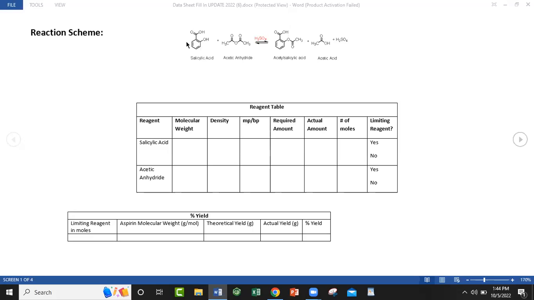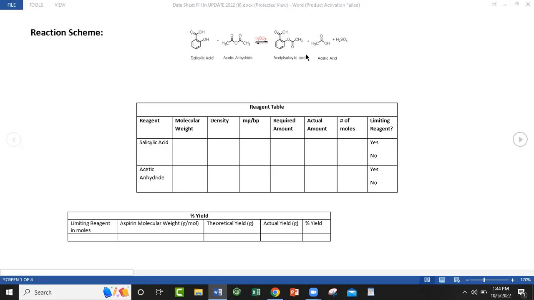It's a very precise, valuable instrument, and it'll allow us to determine the carbon-hydrogen framework of aspirin. If you make an organic molecule, the best way to confirm that you have it is by taking an NMR. I'm going to send you an NMR overview video prior to us doing that lab.